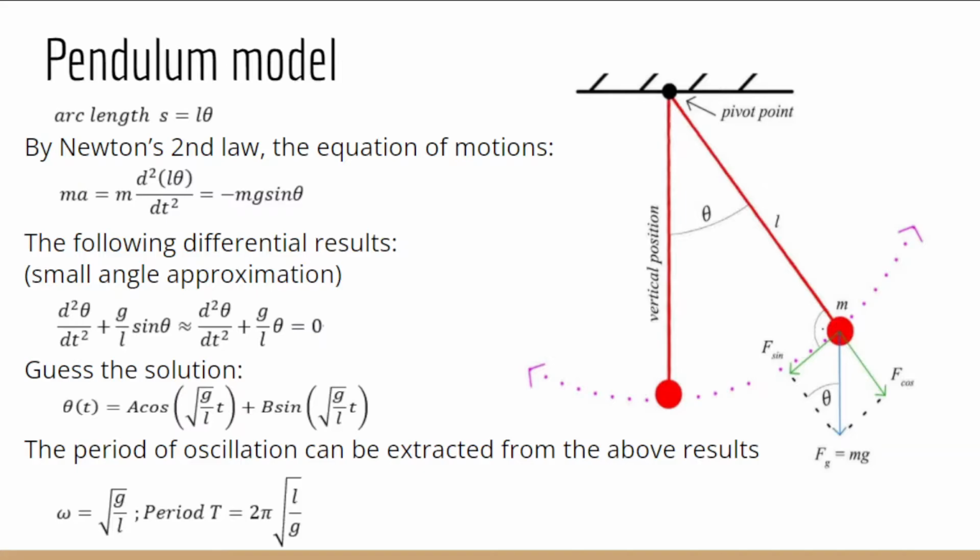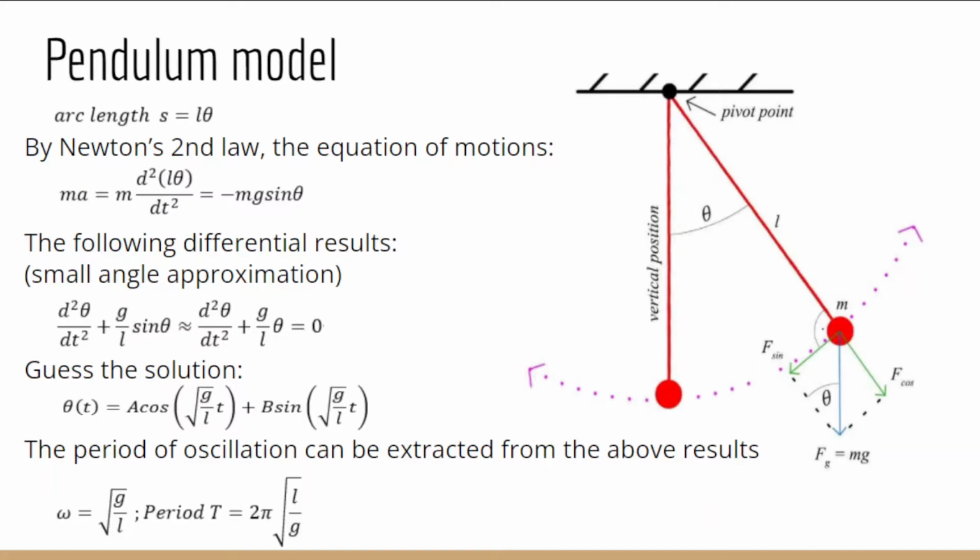If we use the small angle approximation, that means when theta is small enough, sine theta approximates theta. The equation becomes the second derivative of theta plus g over L multiplied by theta equals 0. We can get the solution to be a combination of a sine function and a cosine function, and inside the cosine and sine it will be omega t.